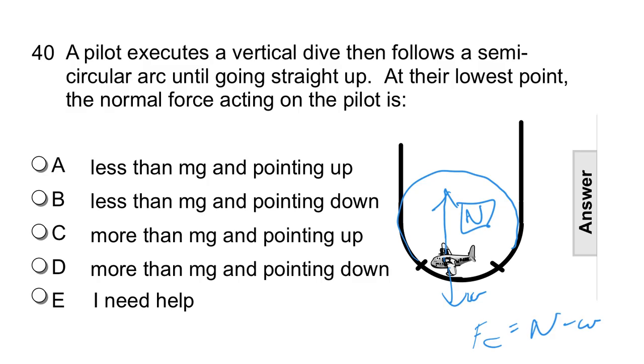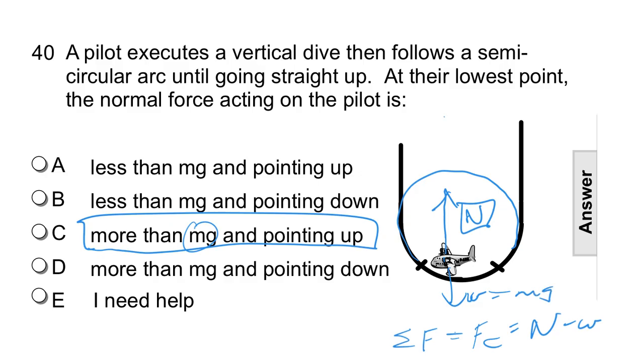So N has to be bigger, so that when you subtract the two, you have the net force pointing upwards. Net force is the same thing as normal force, remember. Okay, so normal force is the apparent weight. It has to be greater than the actual weight. Okay, mg is the weight, right? So N has to be greater than the weight.